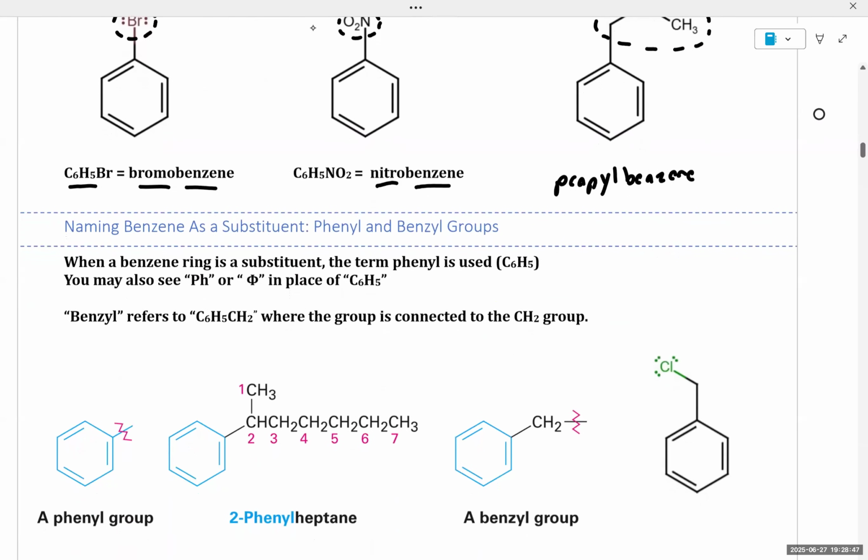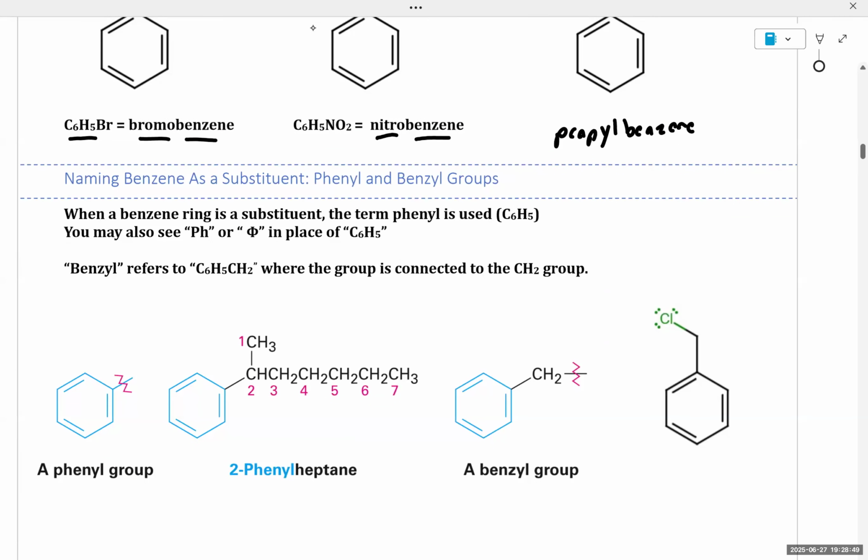Let's talk about naming benzene as a substituent. In other words, let's talk about the phenyl and benzyl groups. So when the benzene ring is a substituent, the term phenyl is used for the C6H5 group.